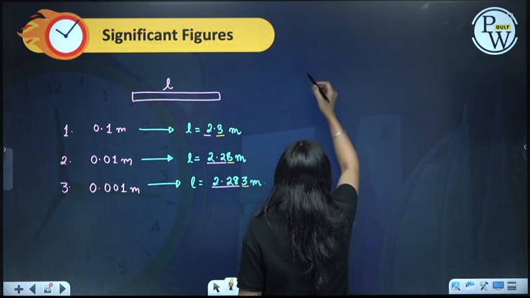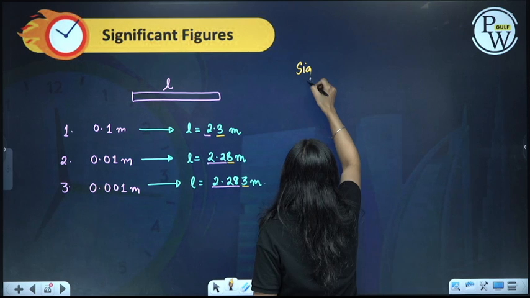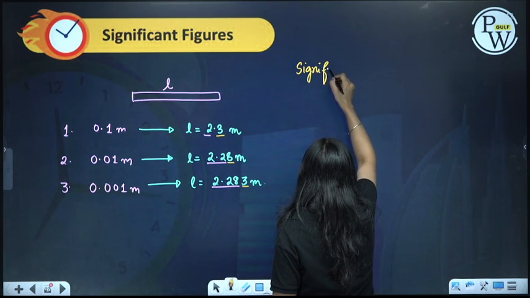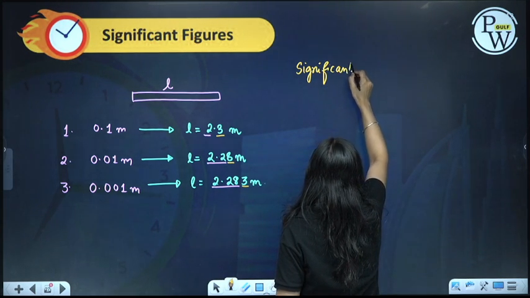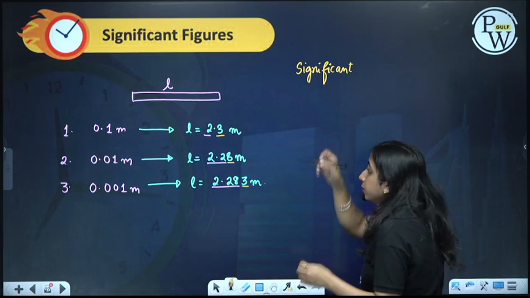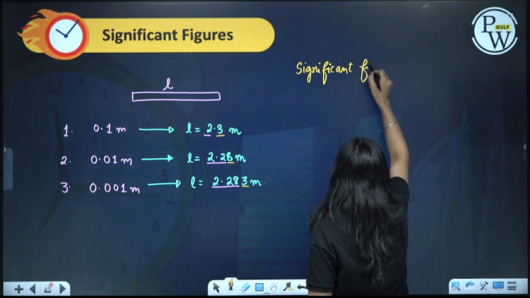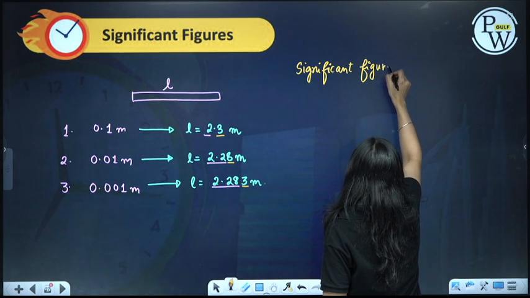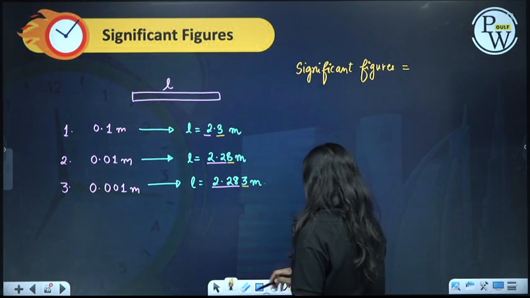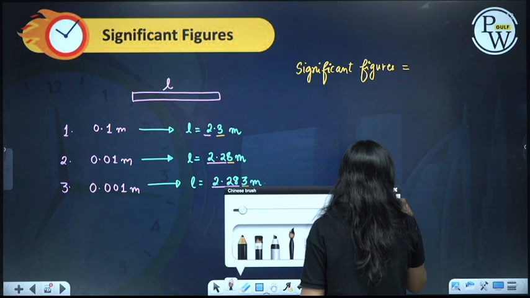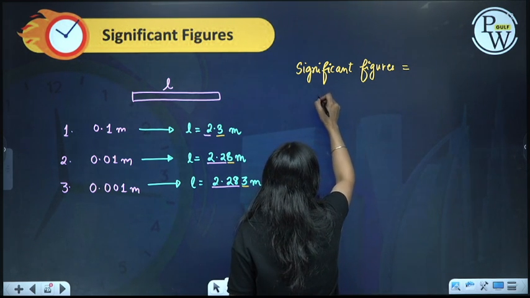So what are significant figures? Significant figures are the total number of digits that are known with full confidence plus the first uncertain digit in any measurement. So what are significant figures?